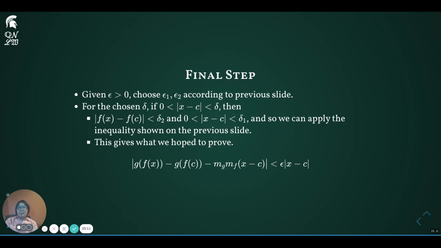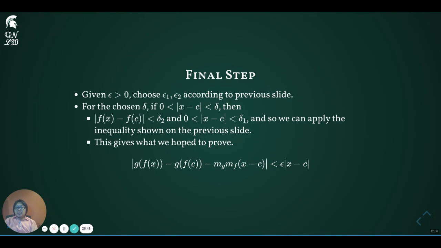The epsilon is a requirement given to us to meet, but we get to utilize f and g's differentiability. How we use it, in particular how we interrogate f and g with epsilon 1 and epsilon 2, is up to us. We can choose them based on the epsilon we are given, along with other information we have on hand.